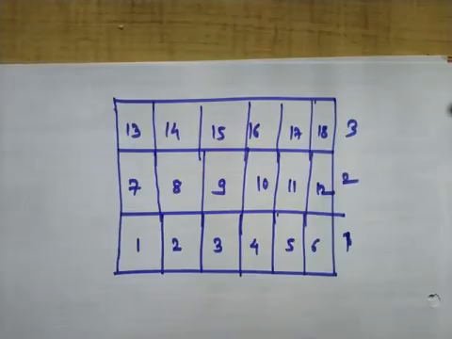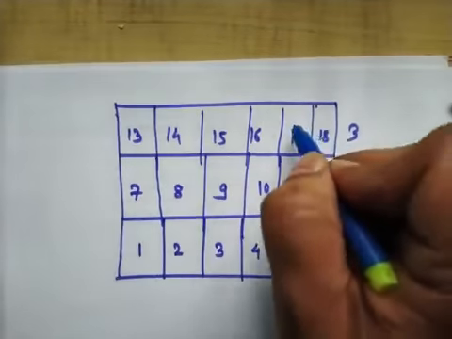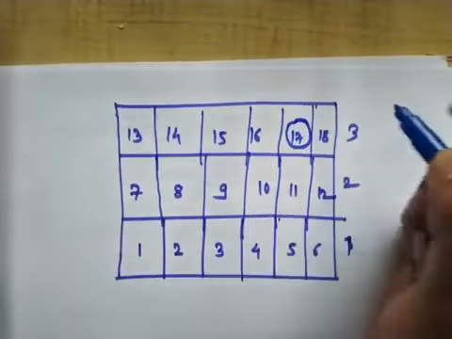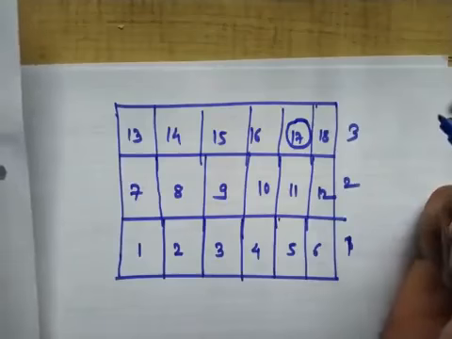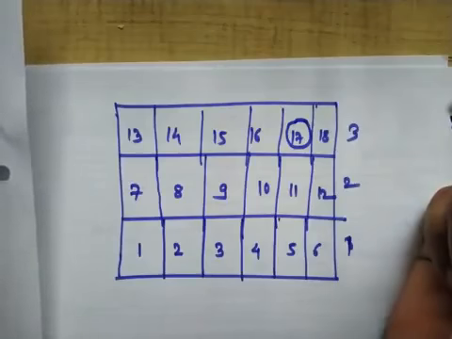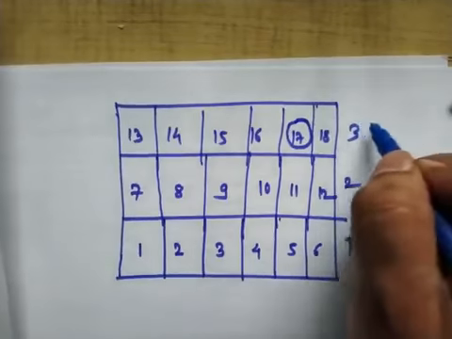Suppose the postman wants to deliver a letter at flat number 17, and he does not know that flat number 17 is on floor number 3.